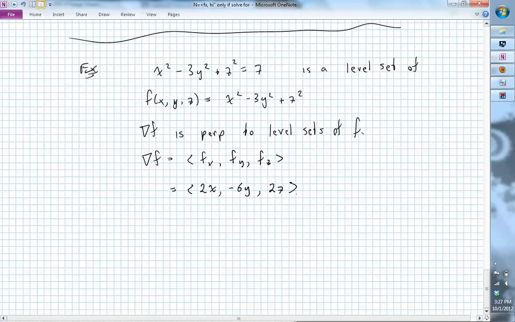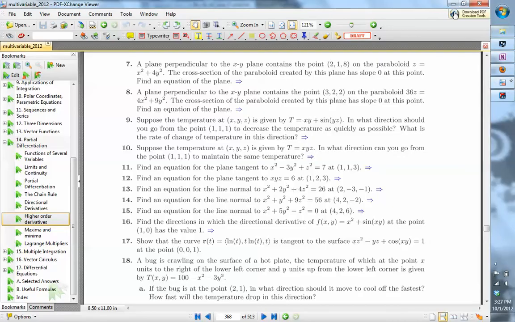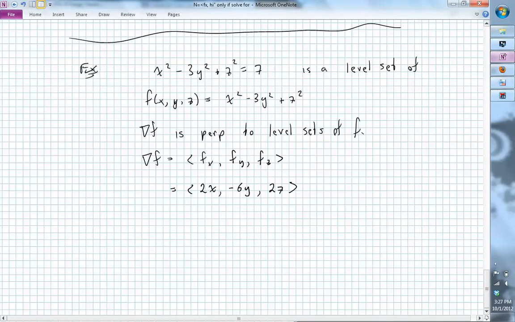What I'm really interested in is the gradient vector at a particular point in space. What's that particular point? 1, 1, 3, so that's 2, -6, and 6.